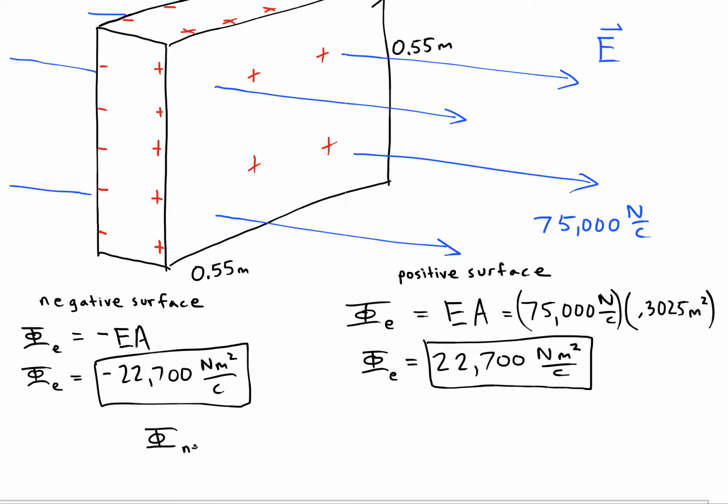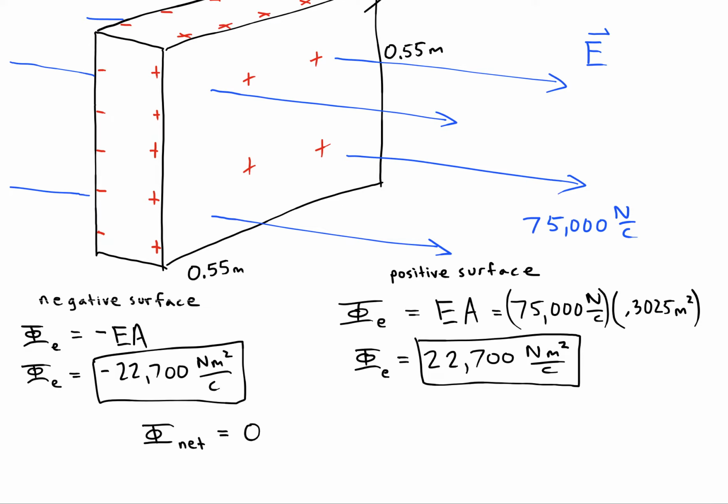It's interesting to point out that the net flux here will be 0. But it's also interesting to consider that the rearrangement of charges inside the object itself creates its own electric field.